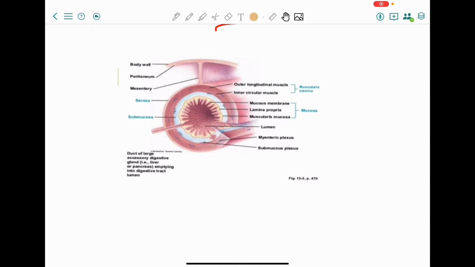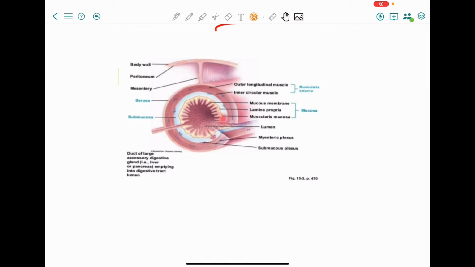So here it is, the lumen covered by mucosa. What are the three layers of mucosa? There is the mucous membrane, the epithelium. And then what is this line?